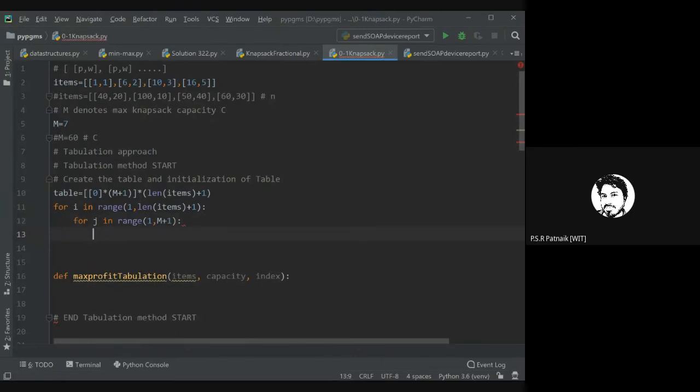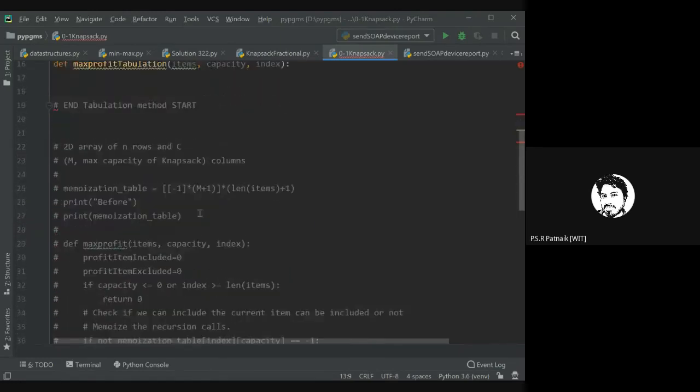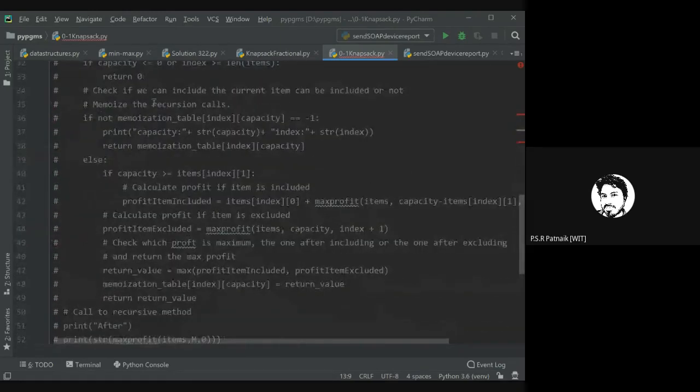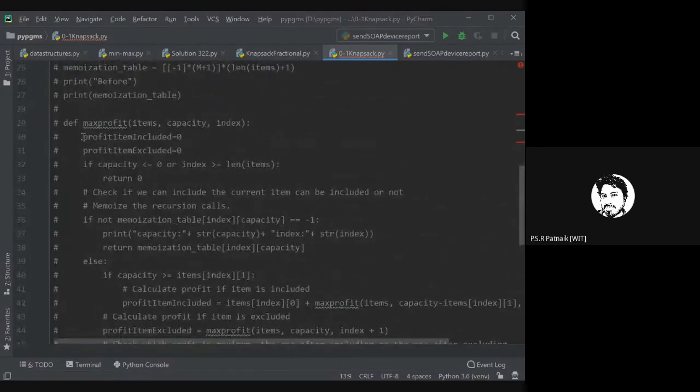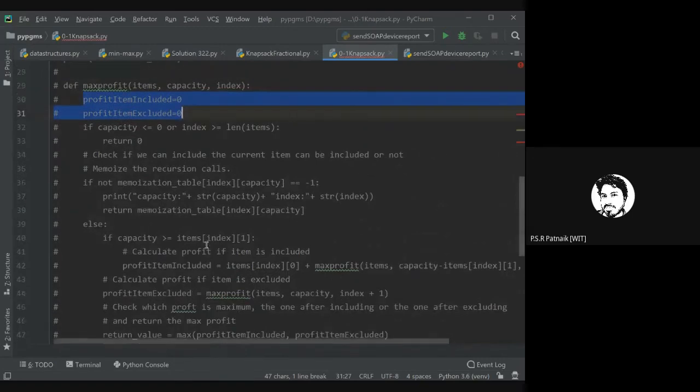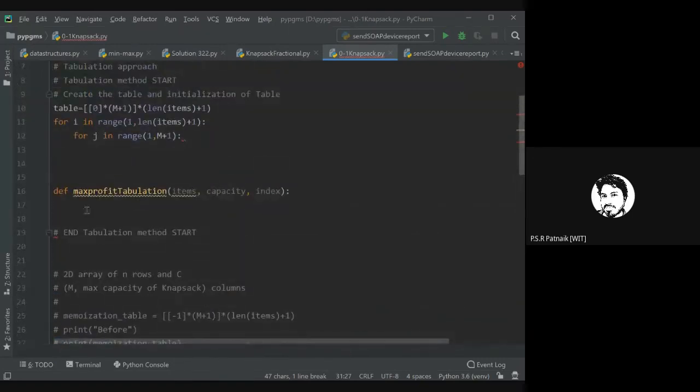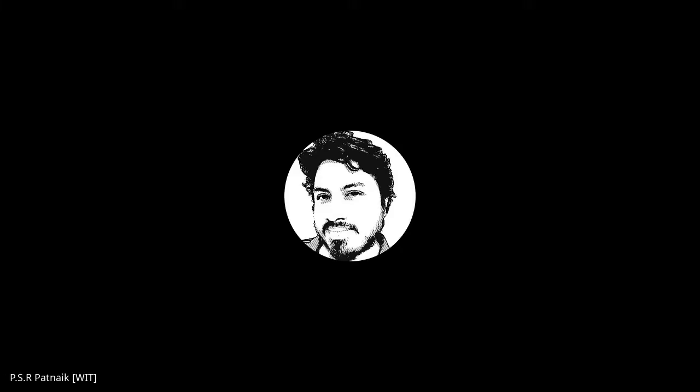Okay, so now what should I do internally? See, whenever I was in recursion, I used to calculate two profit values, profit included and profit excluded. I used to calculate both the values. Are we also calculating multiple profits here?